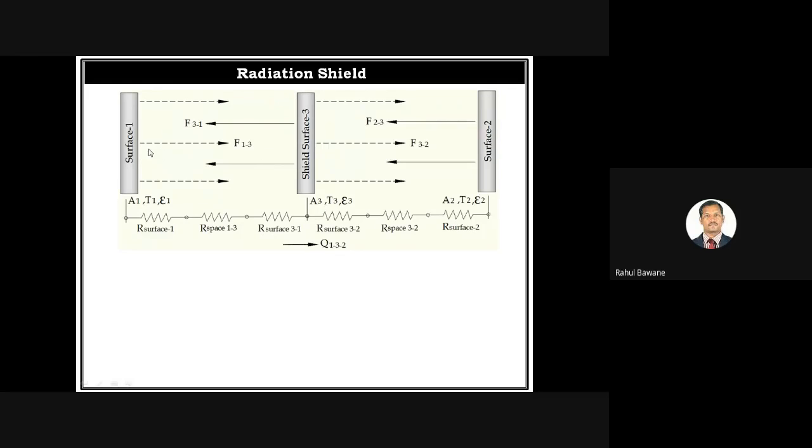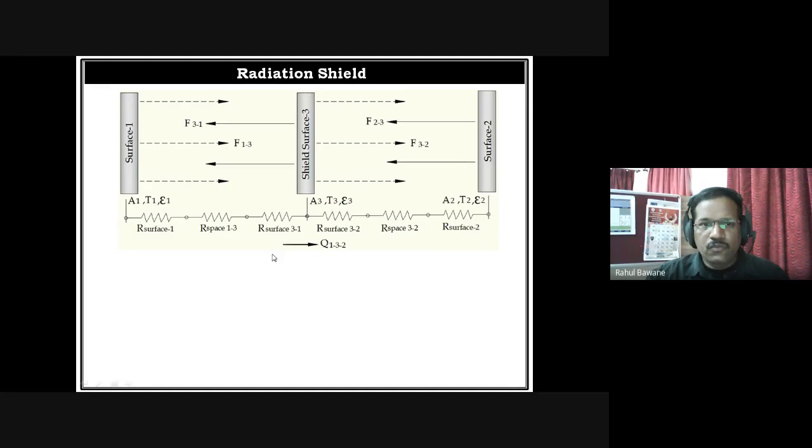The radiation shield on its second face has its surface resistance towards the second body, so surface resistance 3 to 2. Then the space resistance between the radiation shield and surface 2, and again surface 2 has its own surface resistance. So this much resistance will act if we insert one shield.